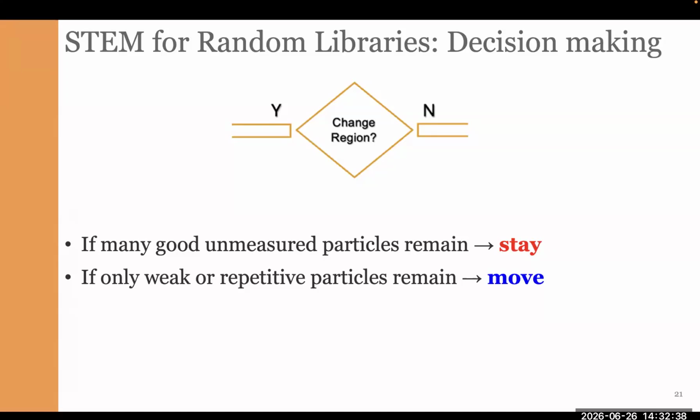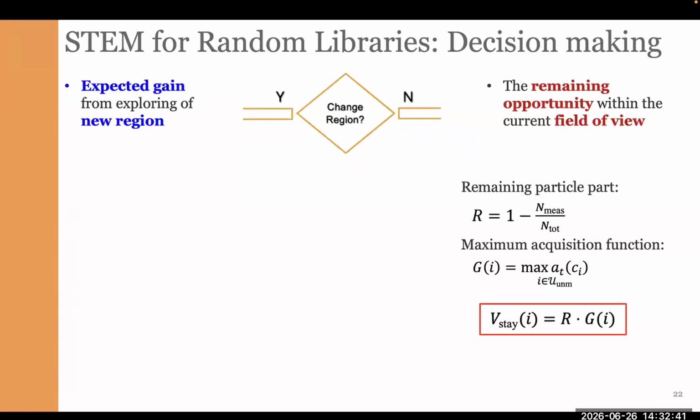So how can you make this decision, if we do it a bit more parameterized? In general, you may consider the so-called remaining opportunity within the field of view and the expected gain if you move to the new region. For the remaining opportunity within the current field of view, we have two considerations. First, we may estimate the number of particles we still can explore, the unexplored particles.